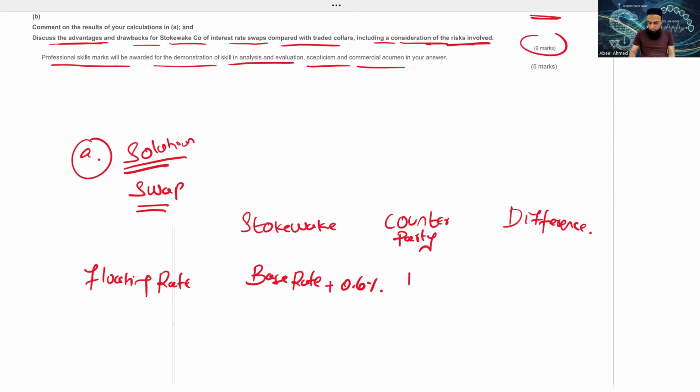Here it is base rate plus 140 basis points, which means 1.4%. If you calculate, there's no need to write positive, negative. Simply, I've just written the rates. If you take the difference, logically the difference will be 0.8%. Don't go into positive, negative. We are just writing the difference. Base rate with the base rate will cancel out, and 1.4 and 0.6, the difference is 0.8.